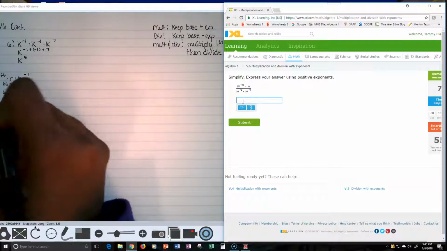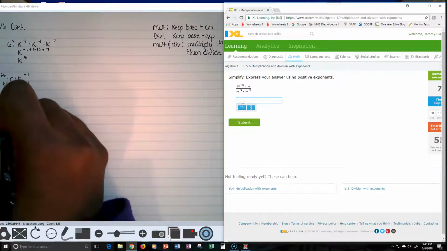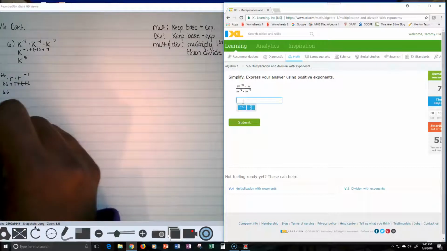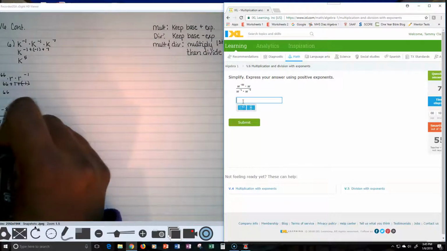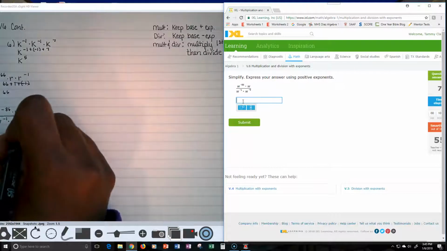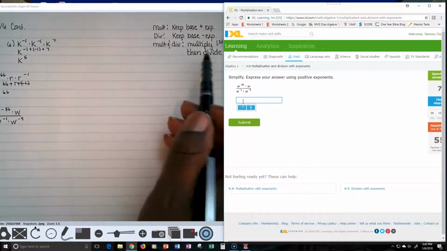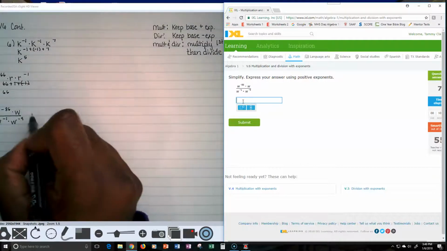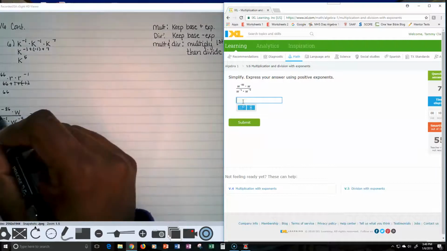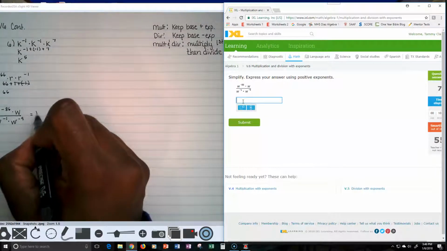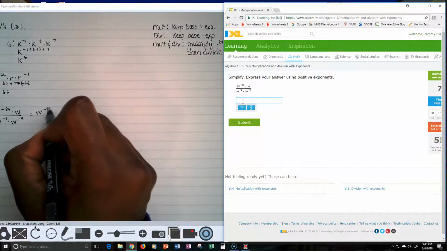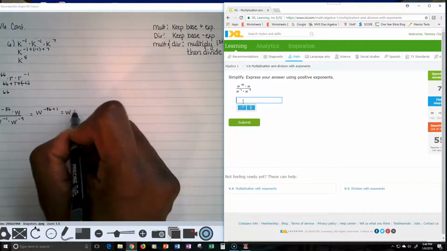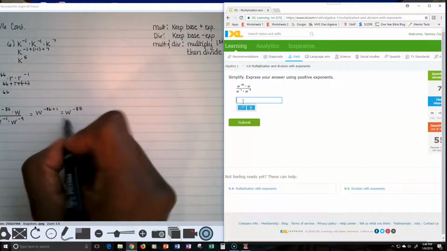Number 8 is w to the negative 86 times w divided by w to the negative 1st times w to the negative 9th. Now remember I said when we have both, we're going to do multiplication first and then divide. So here we have w, keep the base, negative 86 plus 1 gives us w to the negative 85th power.